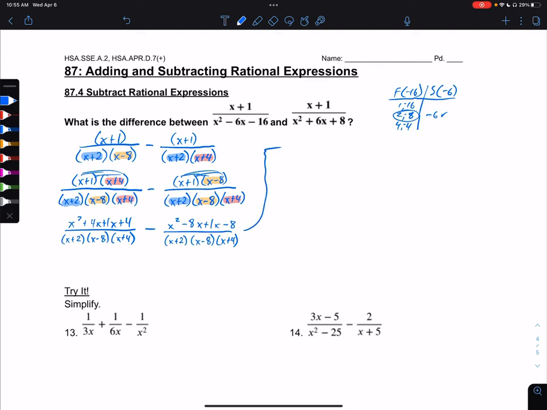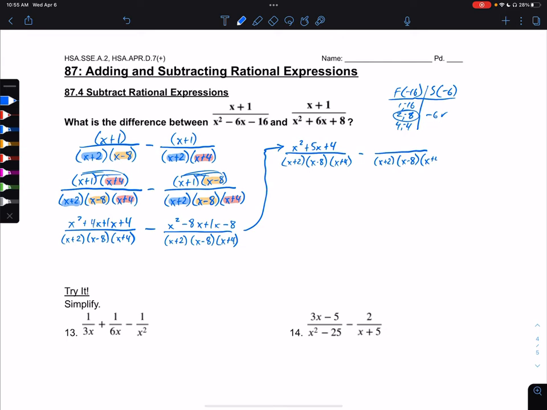All right, I'm now going to move this up here. I'm going to combine like terms. So x squared plus 5x plus 4 over x plus 2, x minus 8, and x plus 4. Once I have my common denominator, it's going to stay pretty similar until the end, where I need to look to see if I can reduce anything.